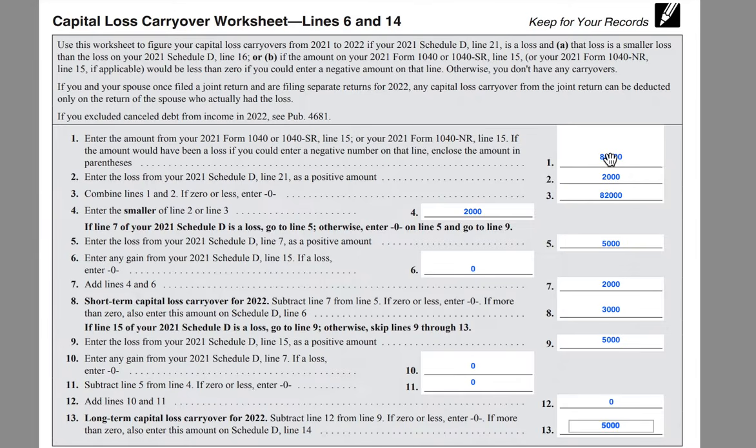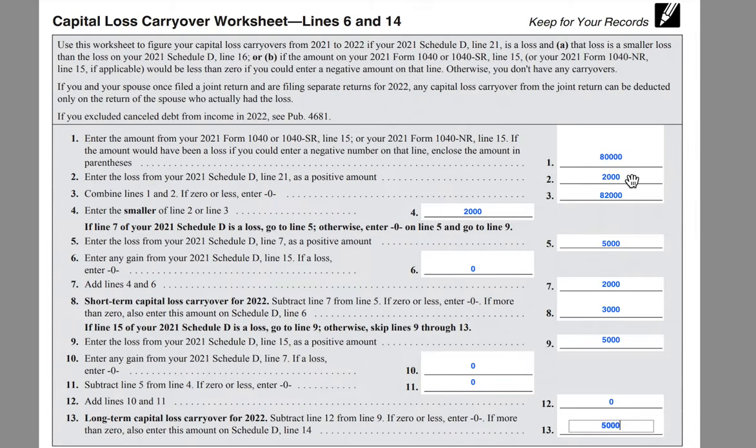Now, if this would have been a loss, had you been allowed to enter a negative number, you would enclose that number in parentheses. So in this situation, we entered $80,000. All of these numbers are made up because they're coming from off screen, but the calculations are accurate in this worksheet.